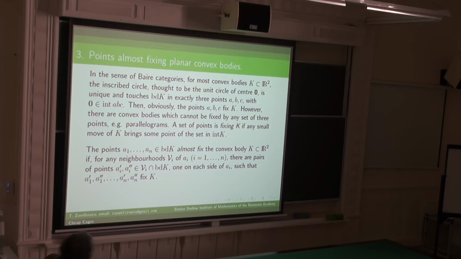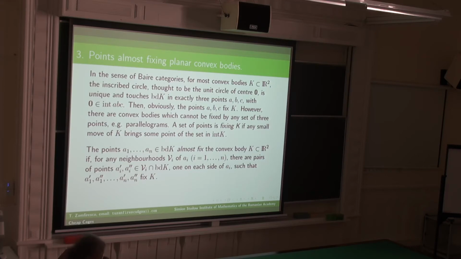Several points A1, ..., AN in the boundary of a planar convex body almost fix that body if there are pairs of points as close as you want to the previous ones. One point has a pair, one left and one right.